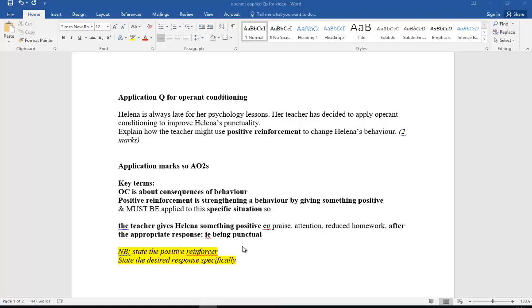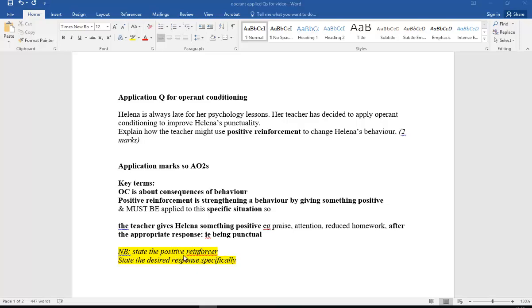So I would recommend that you outline that operant is all about consequence of behavior, and here specifically, he's giving attention, which is the positive reinforcement, in order to strengthen her behavior of being punctual. So always state the positive reinforcement.